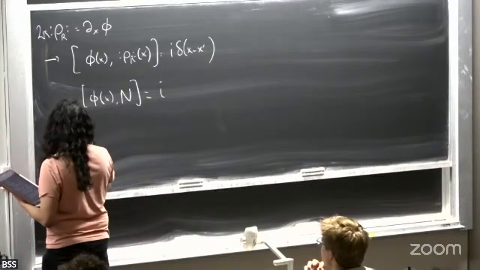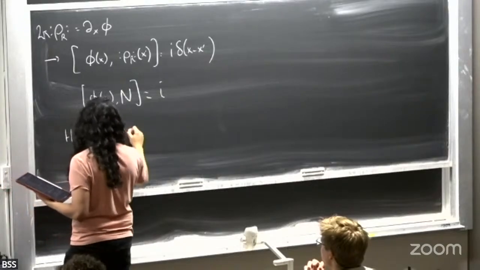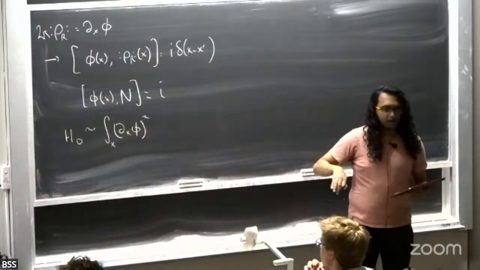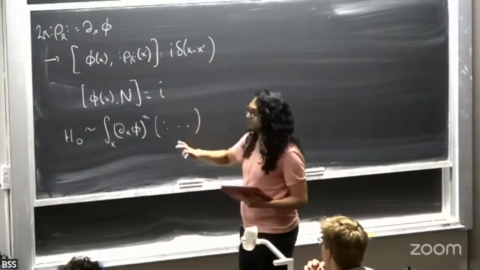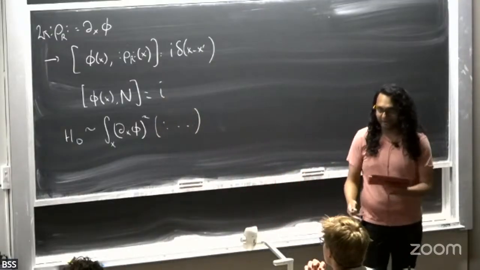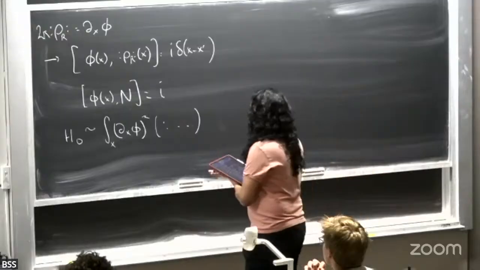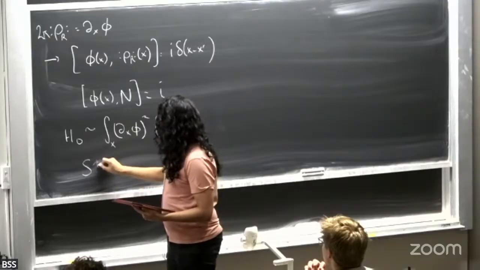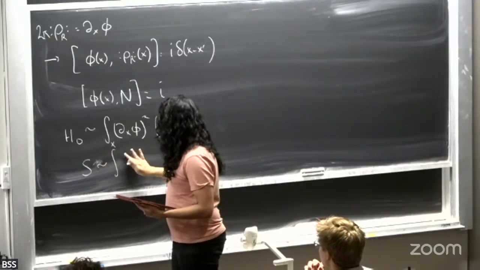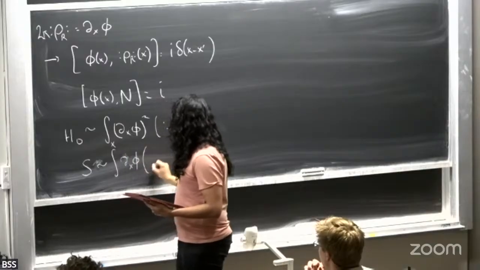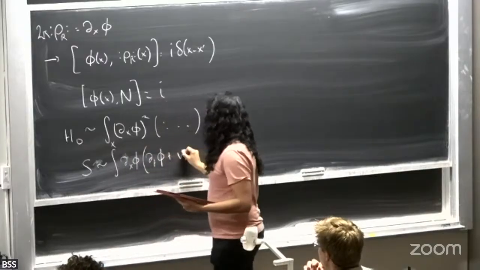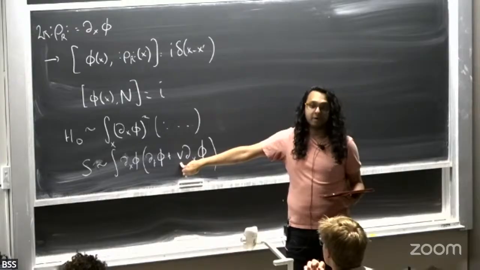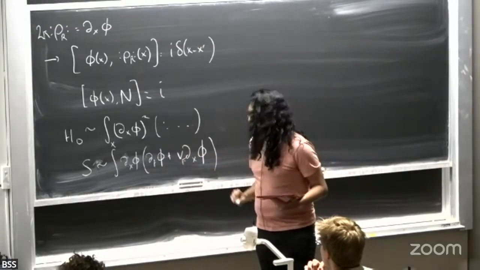And you get the free Hamiltonian roughly looks like (∂x phi) squared, because it's rho squared, with whatever form factors here that account for the dispersion and the background potential, etc. And then you can Fourier transform this to write down an action, which roughly looks like ∂x phi times (∂t phi plus v ∂x phi), where v is the gradient of the dispersion relation, the Fermi velocity, sometimes also written as V_F.